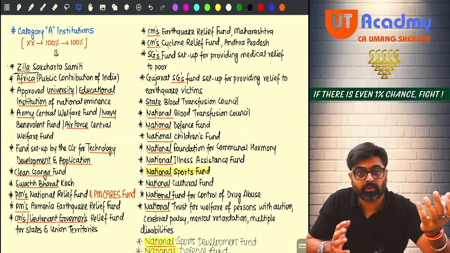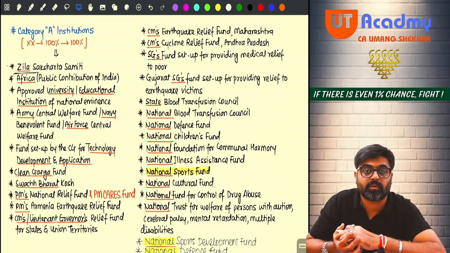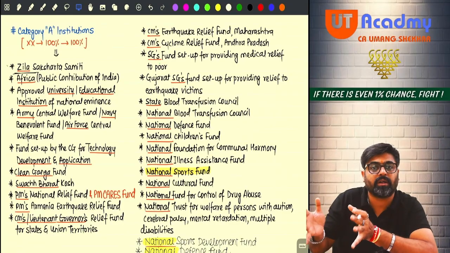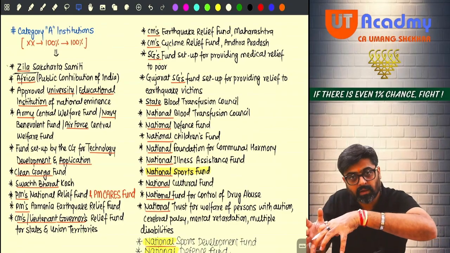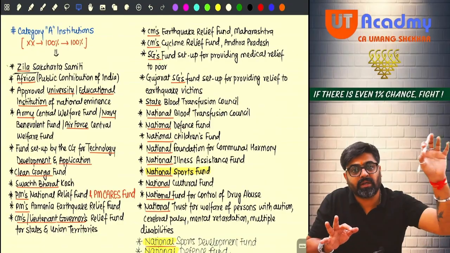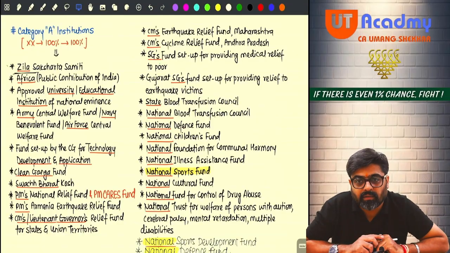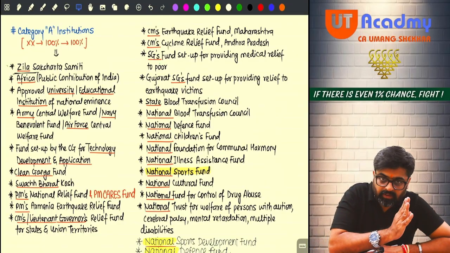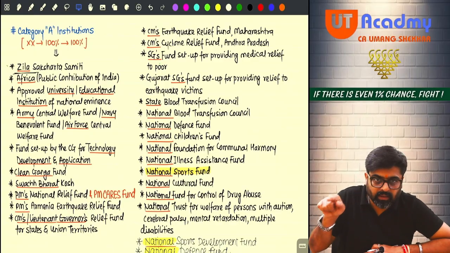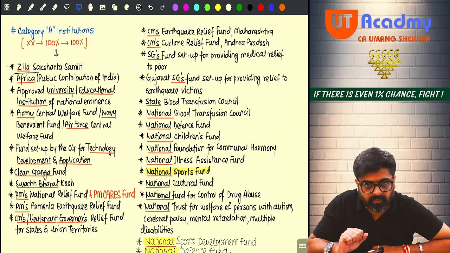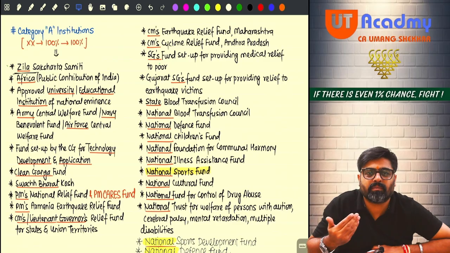So government helps. But from where does that money come? There is a fund which is separately set up. From this fund, the money will go for technology development and application. So the government will always keep aside some money in this fund. The major contributor will be the government. But sometimes the government also has to meet some contingencies.